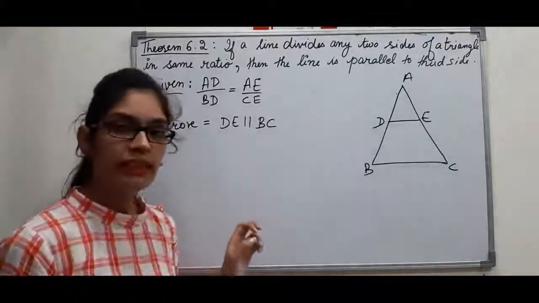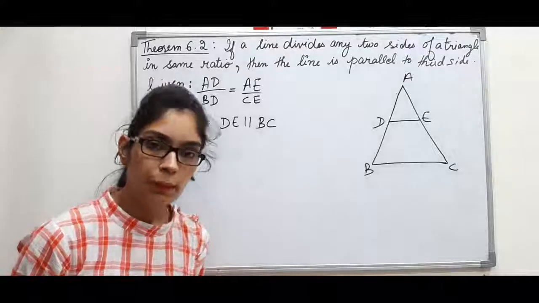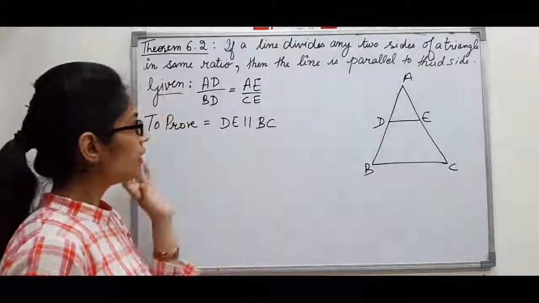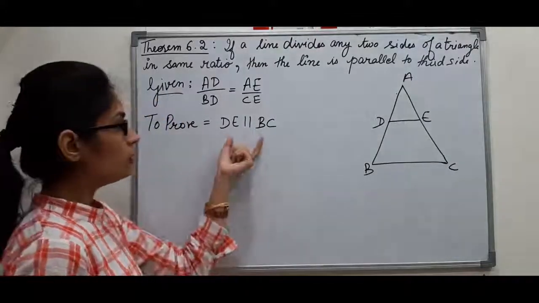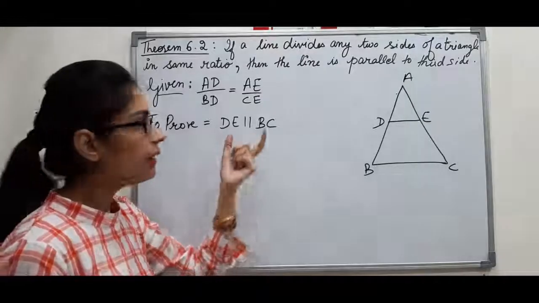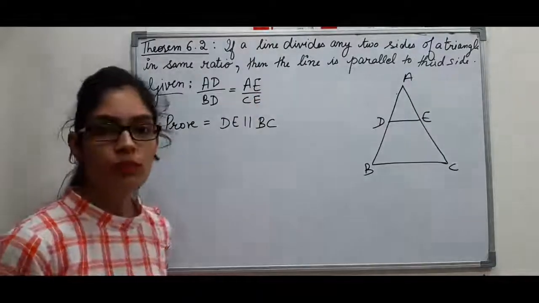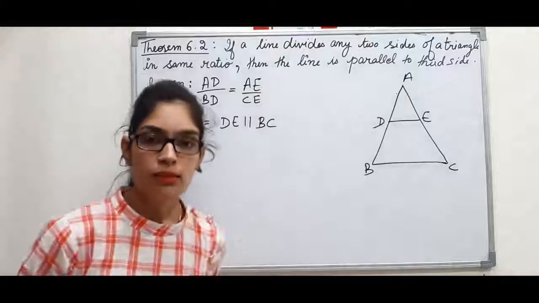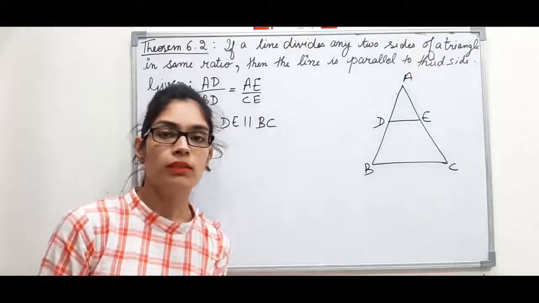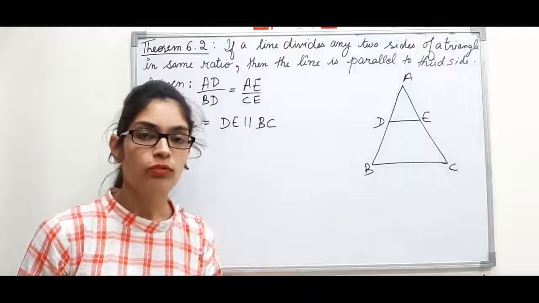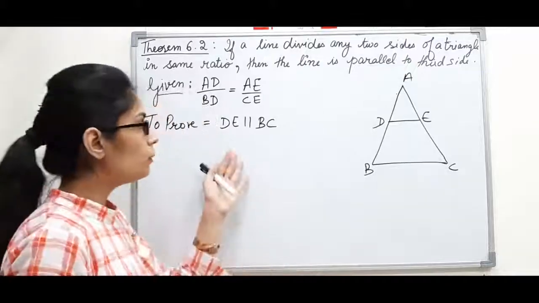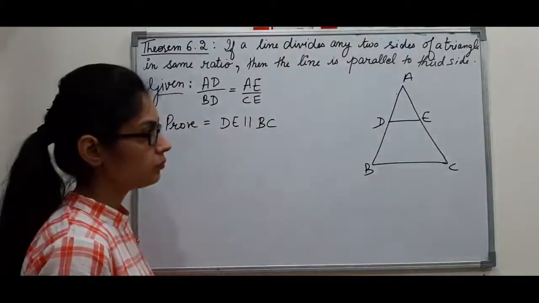So we will proceed in the same way as we completed the previous theorem. Can you see this one thing, that this thing was given in the previous theorem and this we have proved. This is telling us that this theorem is completely opposite, or we can say it is the converse of the previous theorem. We have to do the opposite now.